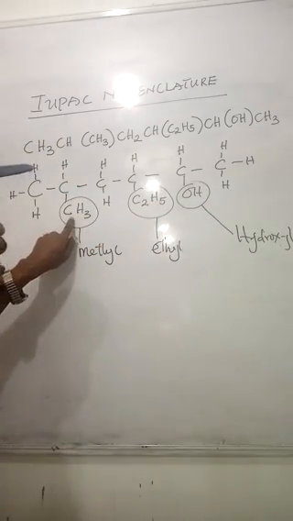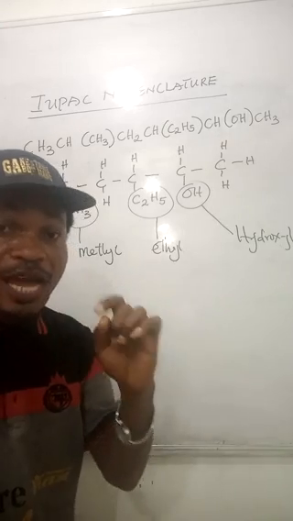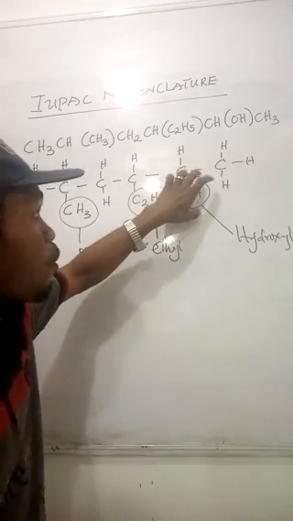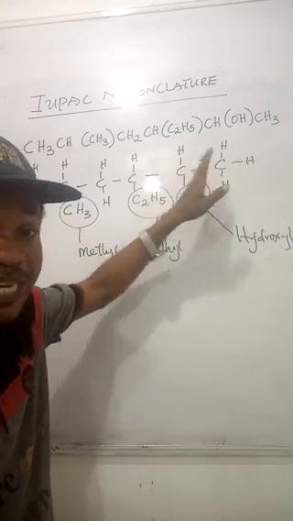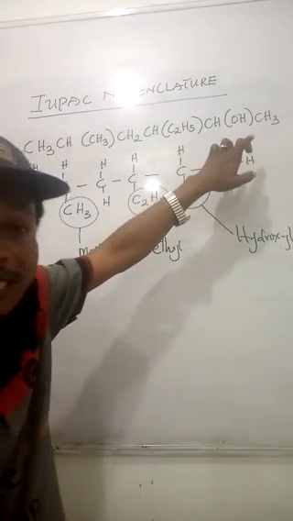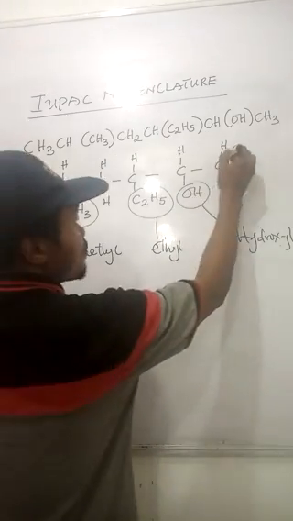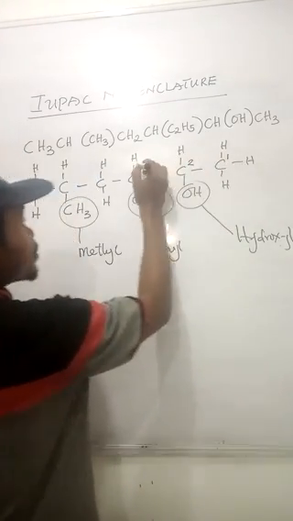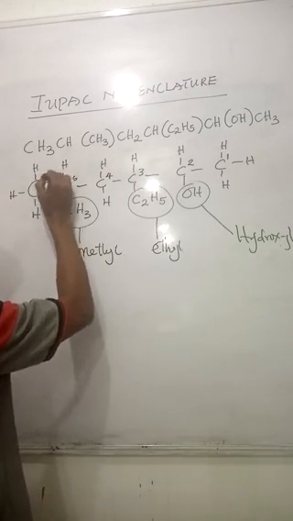We also have a methyl group here, but in terms of precision and requirement, OH should be the focus for where we are going to begin the naming from, because this gives this whole compound its chemical property and its representation. Therefore, this becomes the first carbon, second carbon, third carbon, fourth carbon, fifth carbon, sixth carbon.